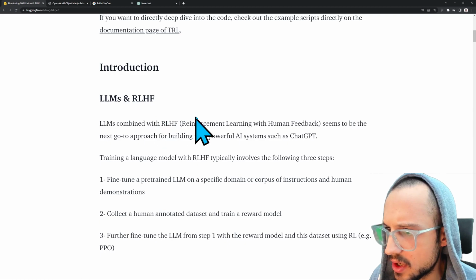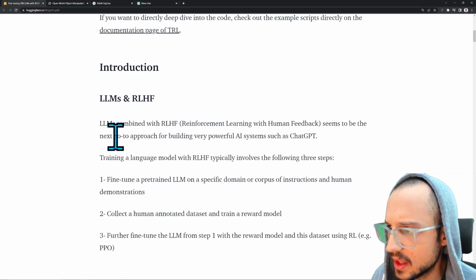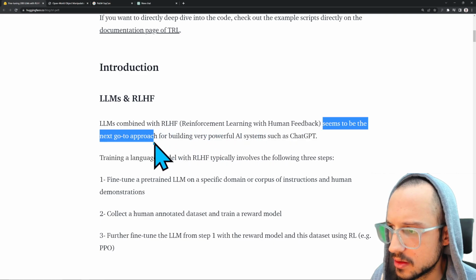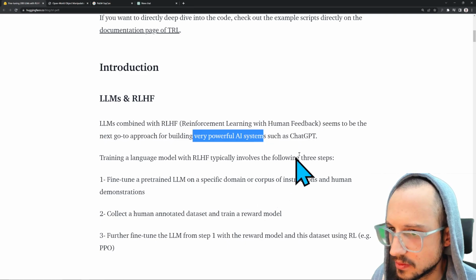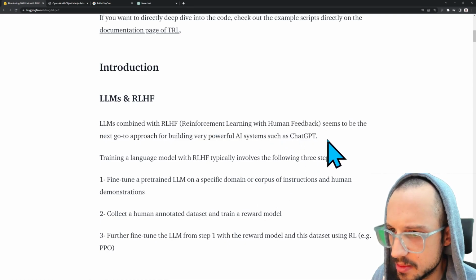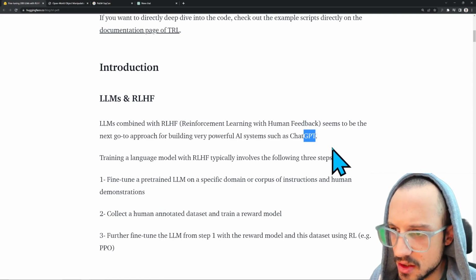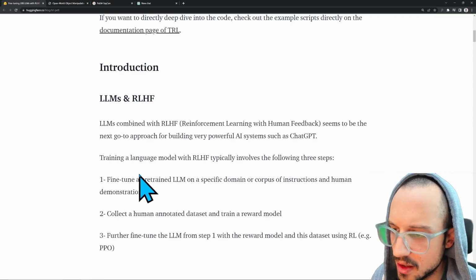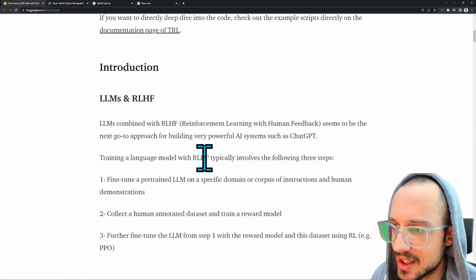LLMs combined with RLHF, reinforcement learning with human feedback, seem to be the next go-to approach for building very powerful AI systems such as ChatGPT. This is a little bit misleading. The reason very powerful AI systems such as ChatGPT are good is because of the original training data and the fact that they're very big. 99% of the intelligence of a large language model such as ChatGPT comes from the original training that was done, usually with something simple like next token prediction.